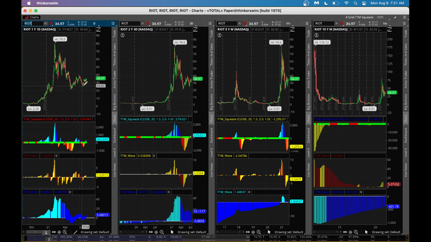In the shorter term, I think it's showing some strength in the nearer term. Then we got a 2-year, 3-day chart, same story. It's showing some strength here, and same story in the 5-year and 10-year charts. It's nowhere near its 52-week high, as you can see here.